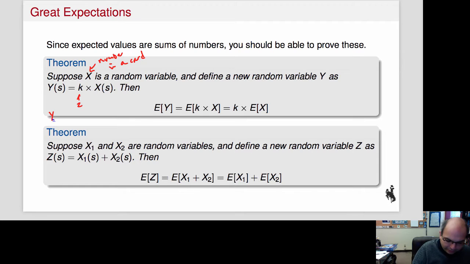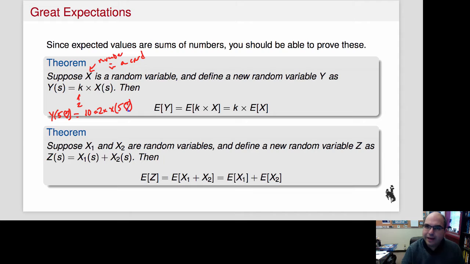Then y of the 5 of hearts is equal to 10, because it's 2 times x of the 5 of hearts, and the 5 of hearts is just 5. That's how we're defining these random variables, as some arithmetic operation on an old random variable.